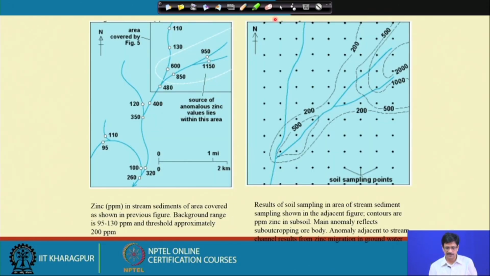So, these are some of the patterns that form. This gives an idea about the results of soil sampling in an area of stream sediment. This is how the stream sediments are analyzed, and the grid is made for the soil survey.